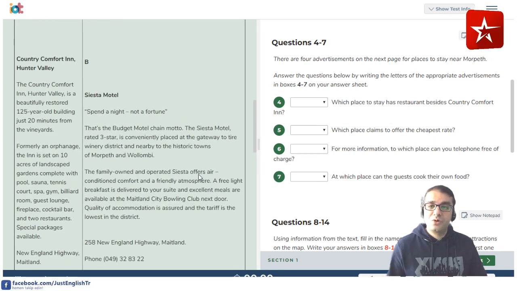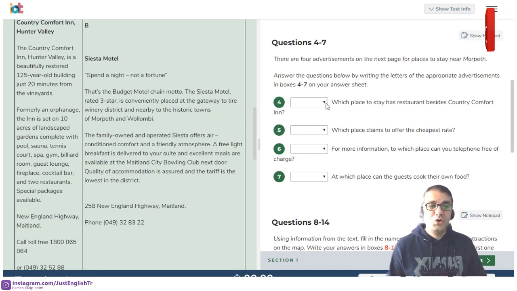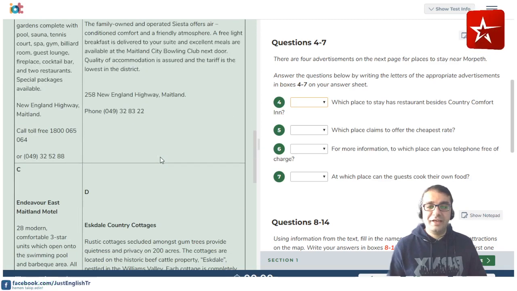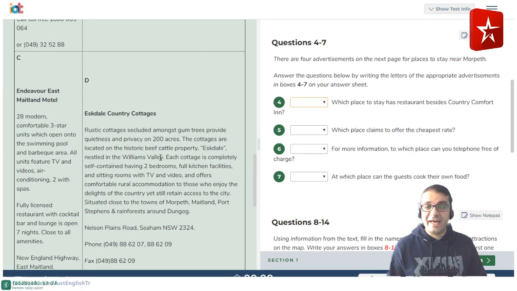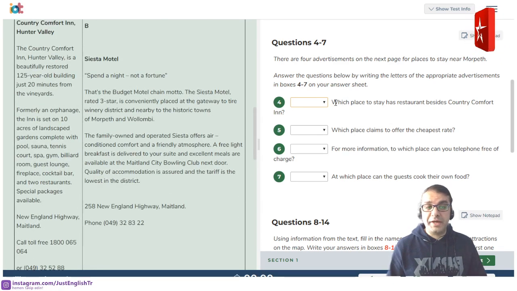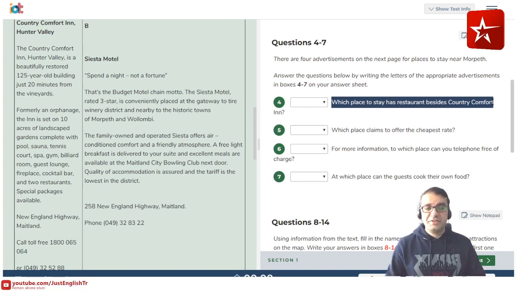Now, here is the passage. And I want you to look at which one possibly is the answer. This is A, this is B, and C and D. Unfortunately, I can't share the screen so high, so what we will do is, I want you to look here first. See where the keyword is.